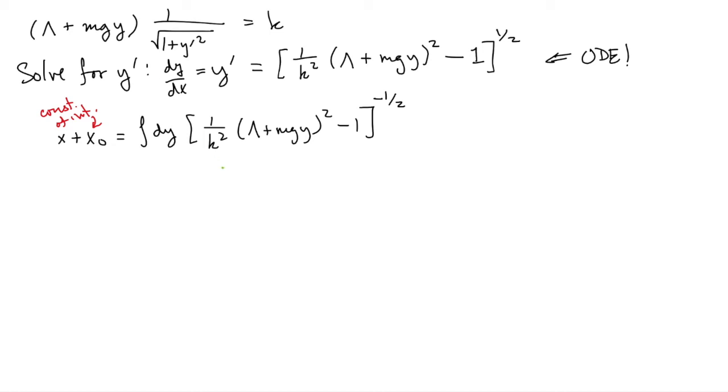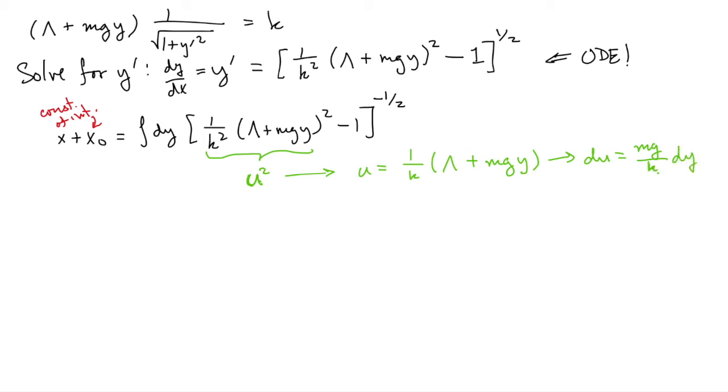We're going to simplify this by a change of variables, setting this stuff equal to u squared. That is to say, we're going to change to the variable u, which is 1 over k times lambda plus mgy. And that means that du is equal to mg over k dy.